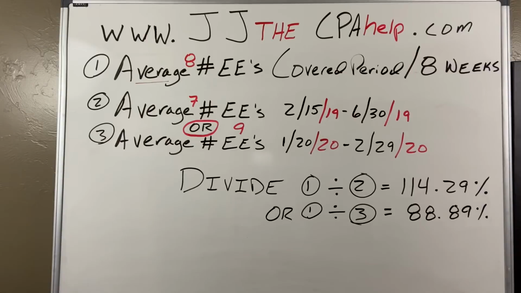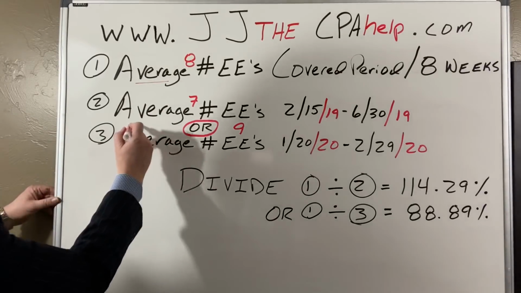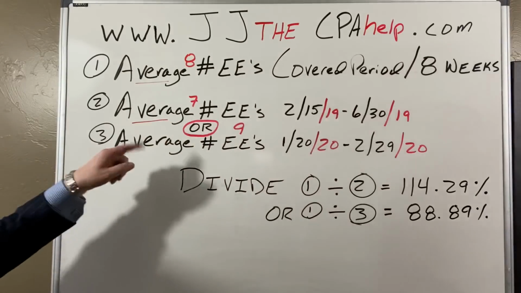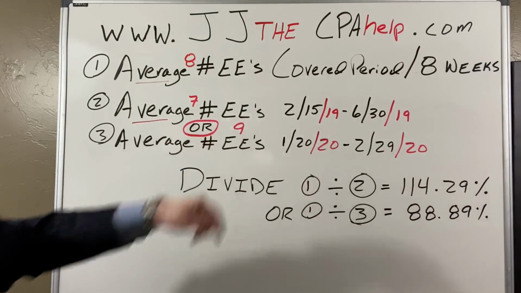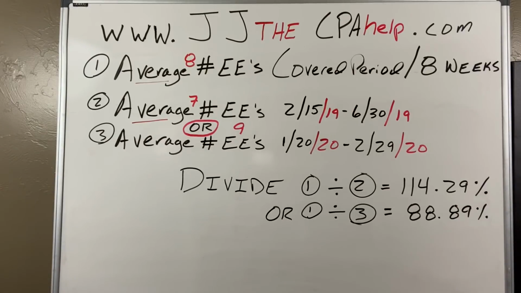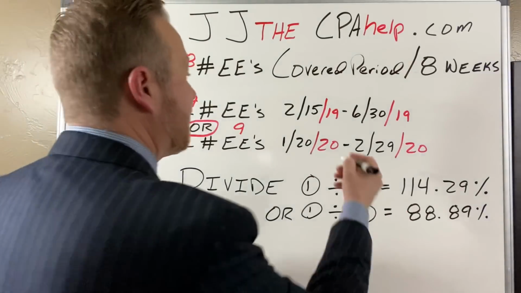And then the second thing that you're going to have to figure out is what was the average, again, number of employees from 2/15/19 to 6/30/19. That's not a mistake.